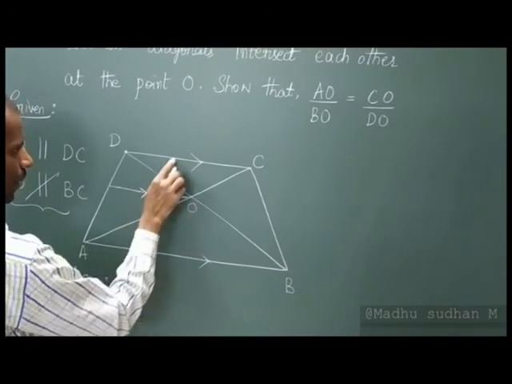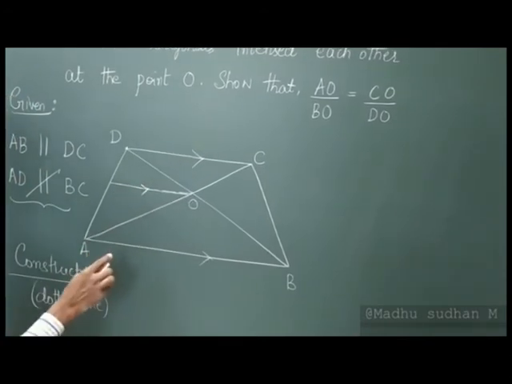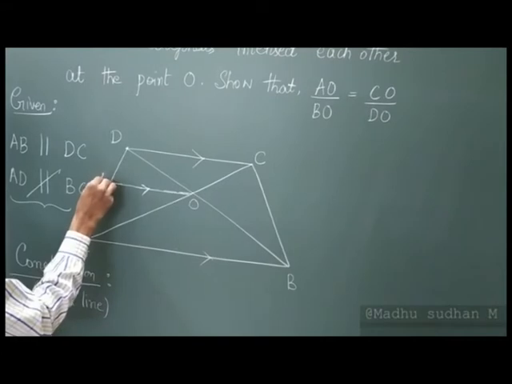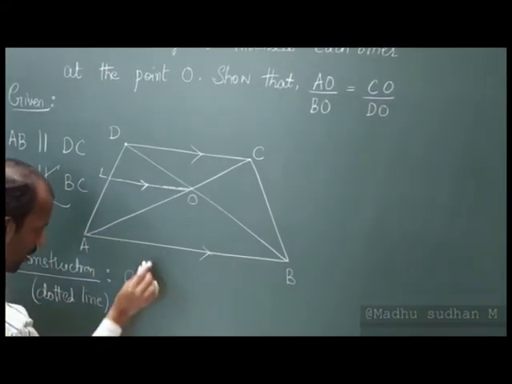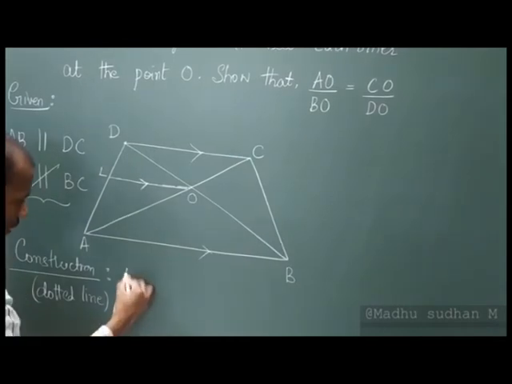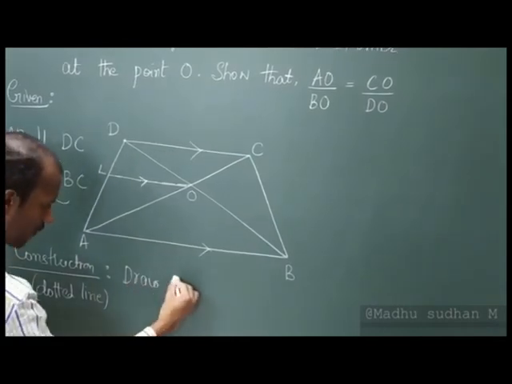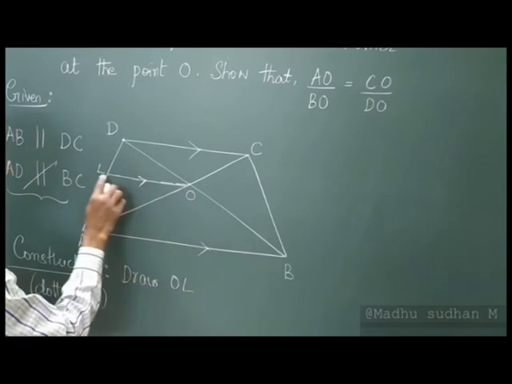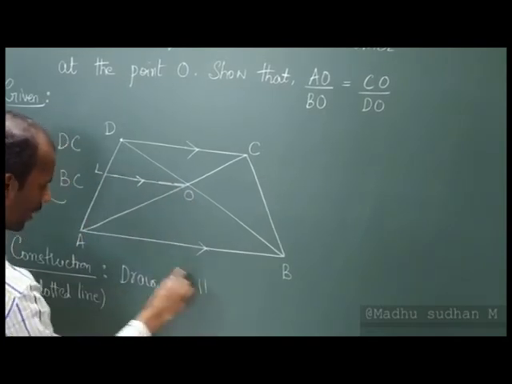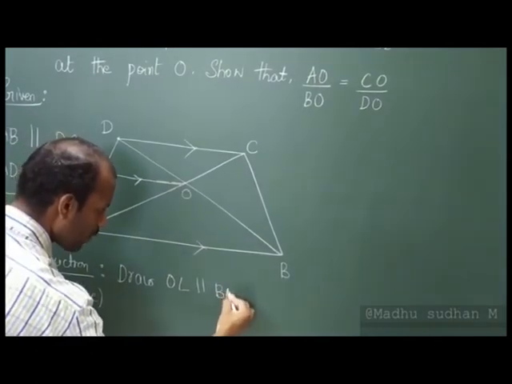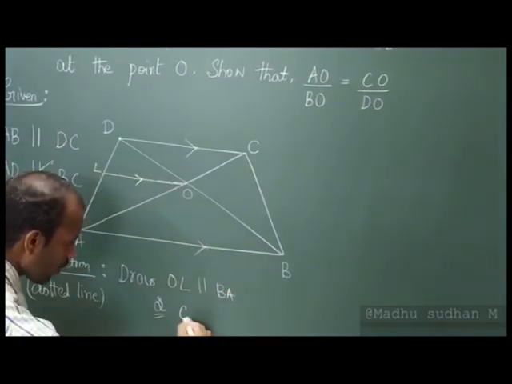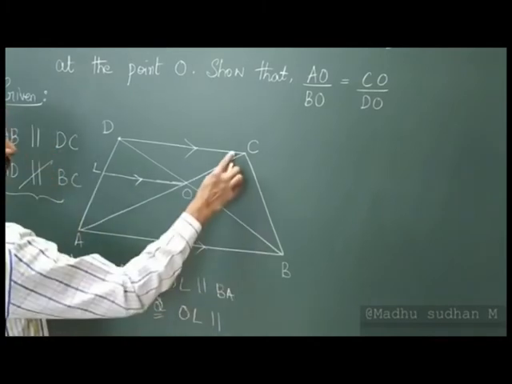So let me give this L here. Followed it? So construct, draw OL parallel to BA, or OL is parallel to CD.